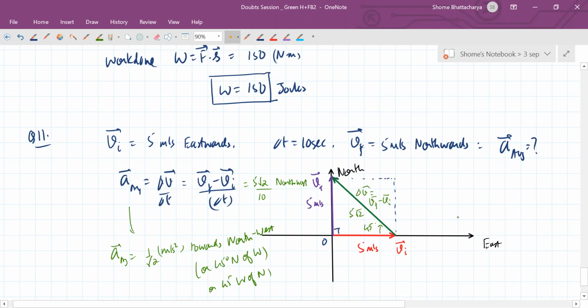Both are fine because this is your north direction, this is your west direction, and it's actually bisecting. The delta V is a vector like this, so it's easy to understand, no?